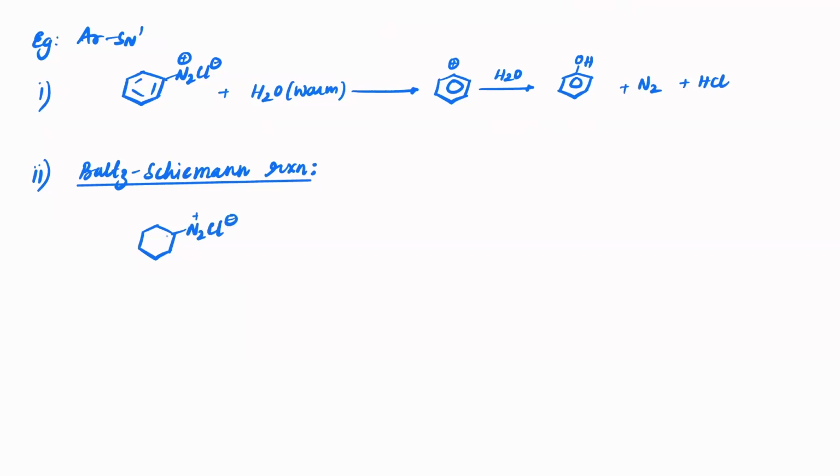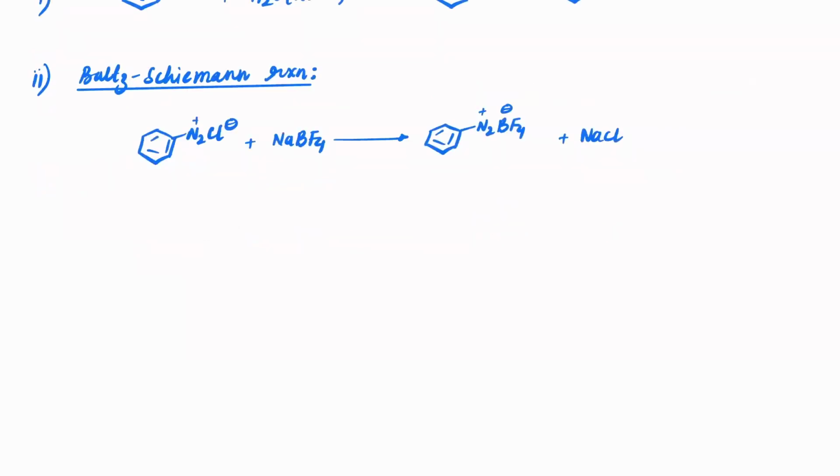As you react this with NaBF4, a salt form, first the chlorine will get replaced. In this salt you'll get N2+ and BF4 minus will be formed and NaCl will be out.